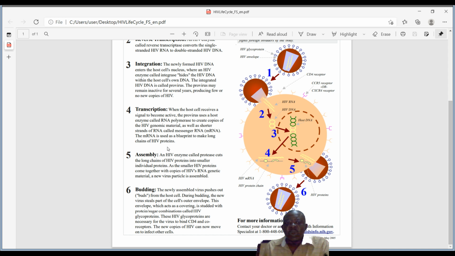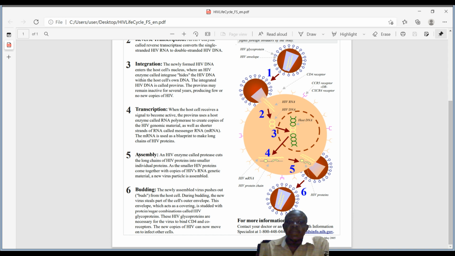Let us now look at stage 5, which is assembly. An HIV enzyme called protease cuts the long chains of HIV proteins into smaller individual proteins. As the smaller HIV proteins come together with copies of HIV's RNA genetic material, a new virus is assembled.